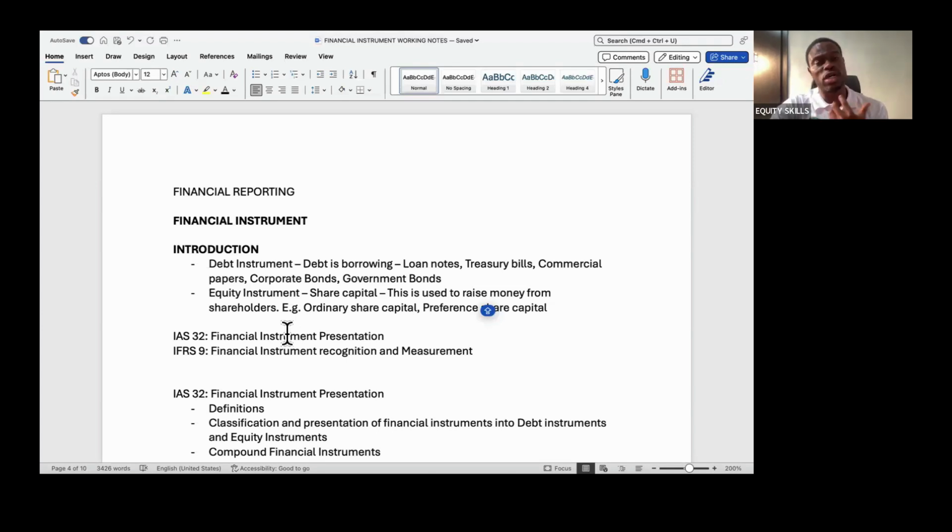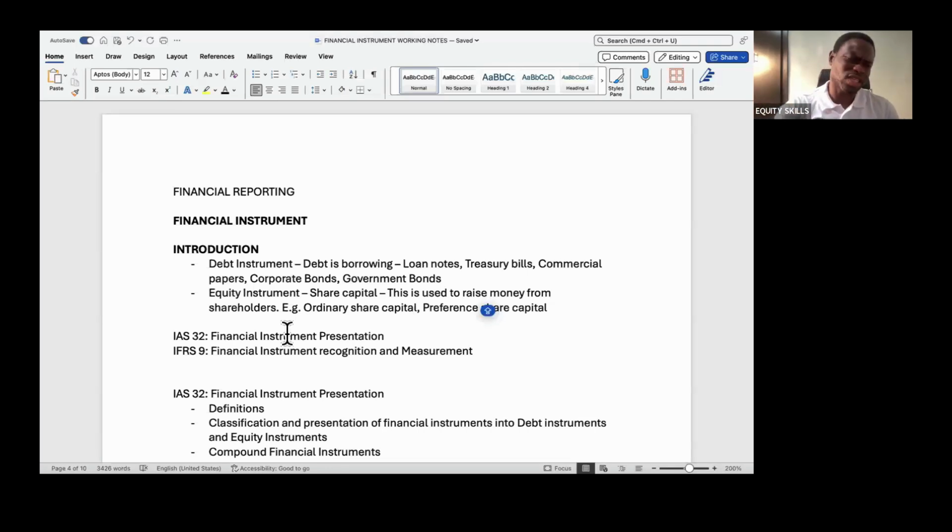And in order to do that accounting, we are going to use two accounting standards, which are IAS 32 on financial instrument presentation, as well as IFRS 9 on financial instruments recognition and measurement. So these two standards we shall utilize.